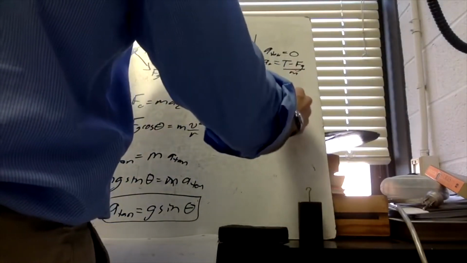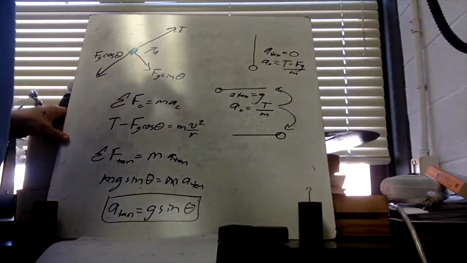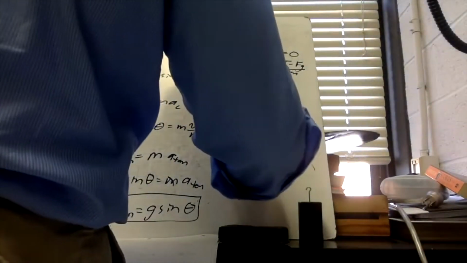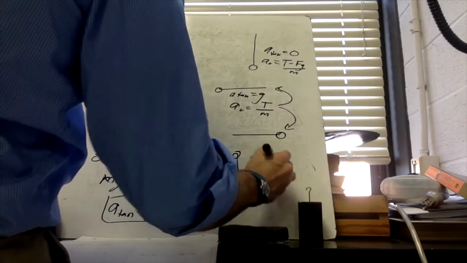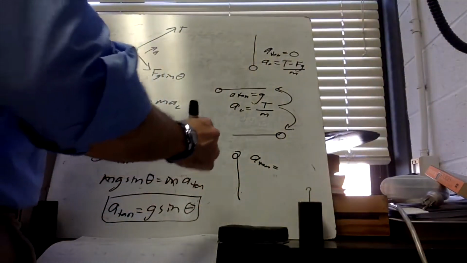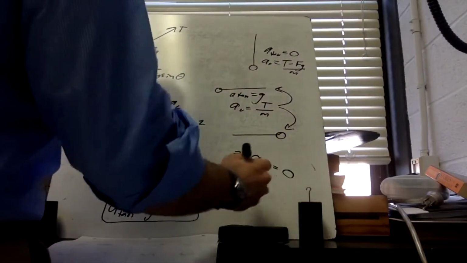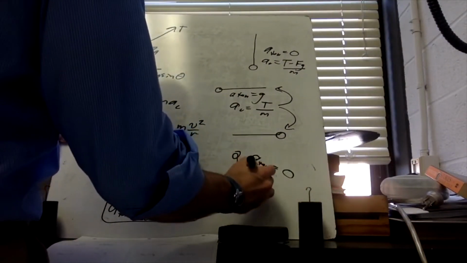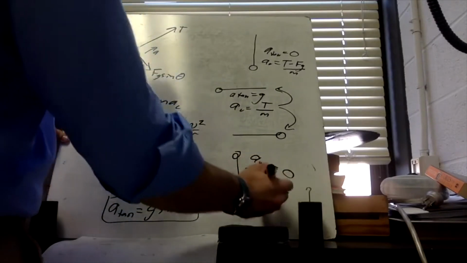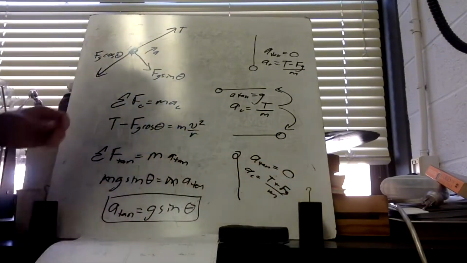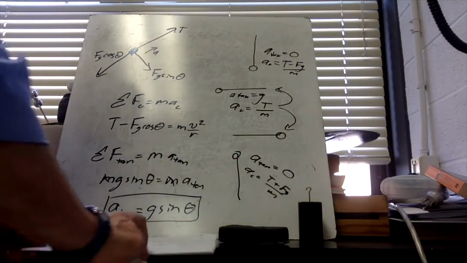So these answers apply here and here. And what if it's at the top? It's up like that. In that case, a tangential is going to be, again, 0. There's no force. And a_c is going to be T plus Fg over m, because in this case they're both pulling in the same direction.